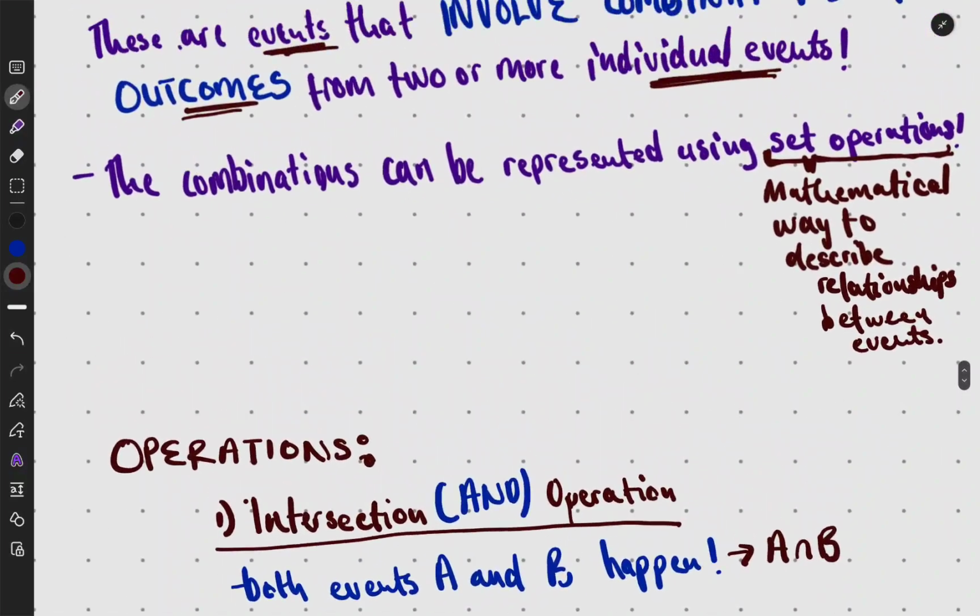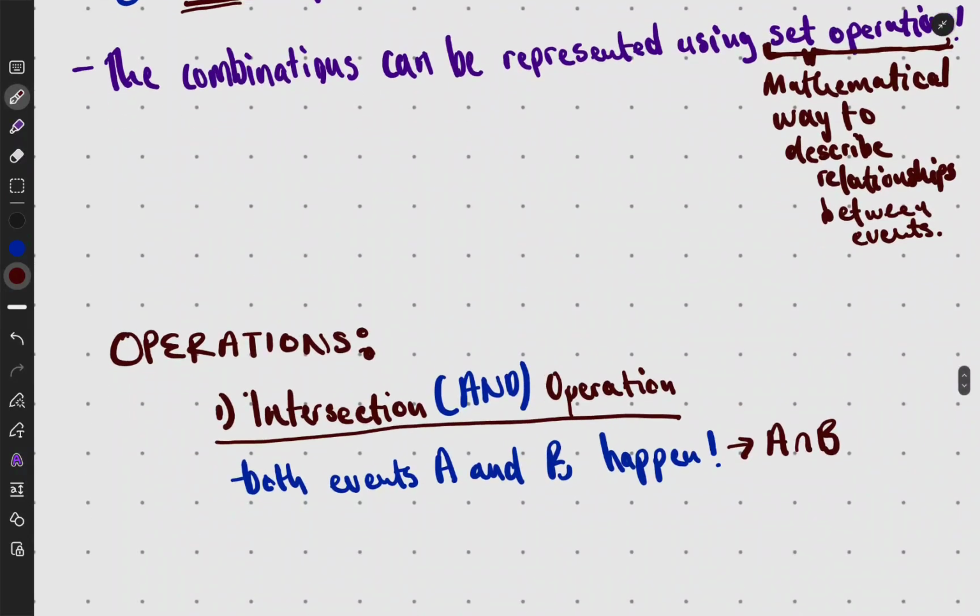Now, remember we said that the combinations can be represented using set operations, or using operations. By operations we just mean maths, a mathematical way to describe a relationship. So we can represent these combinations using maths.